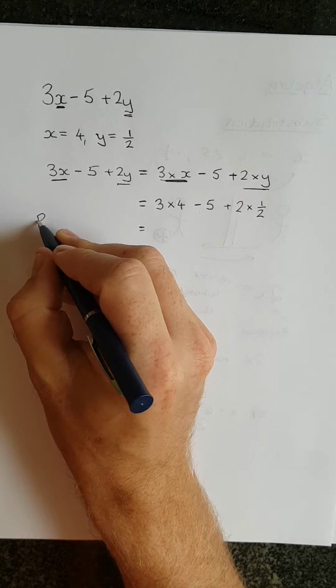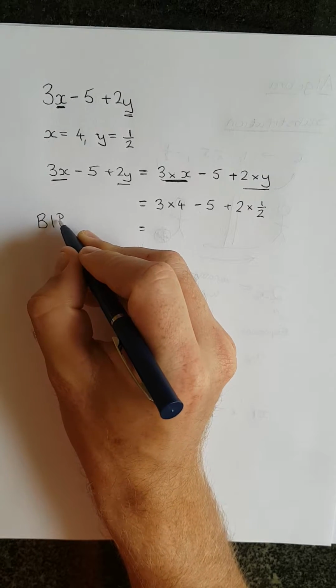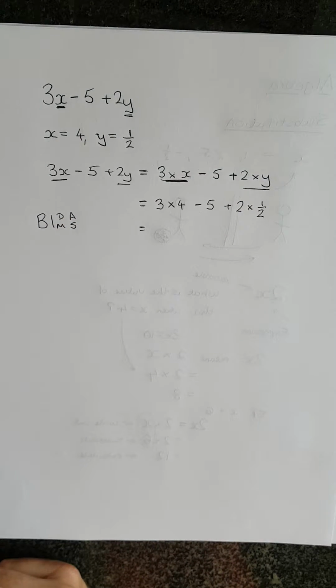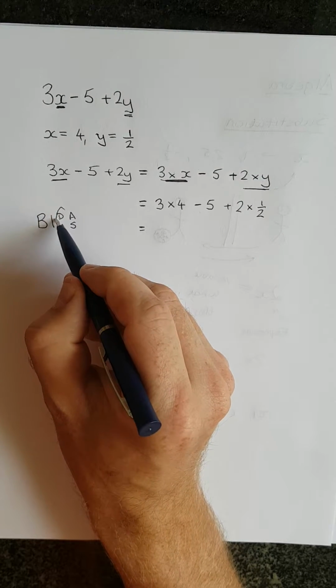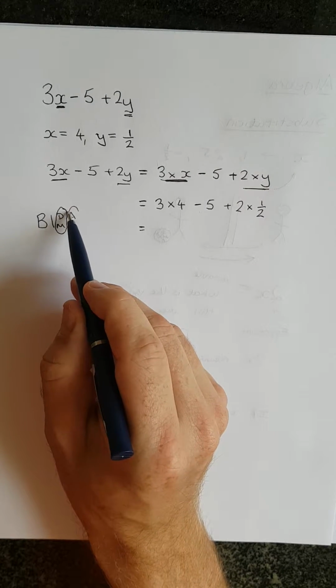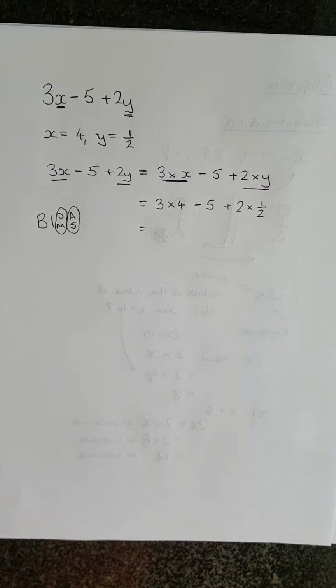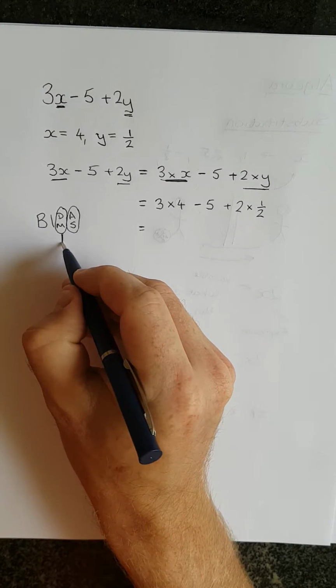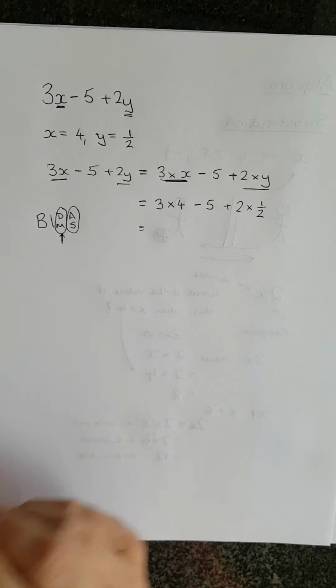So, BIDMAS. We do division and multiplication before we do adding and subtracting. Now there's a good explanation of this on the adding and subtracting and mixed number videos for fractions. So, division and multiplication first.